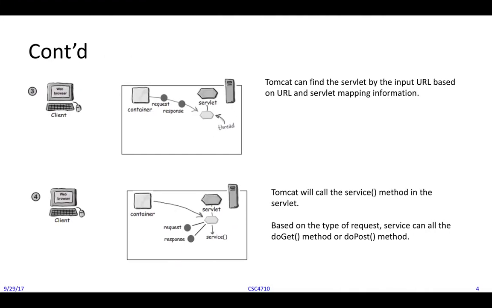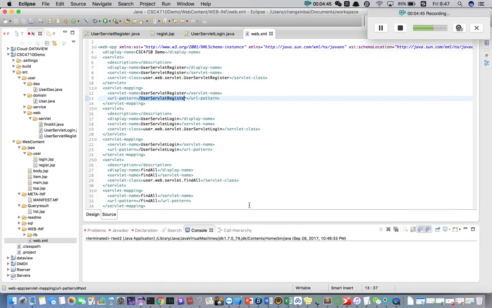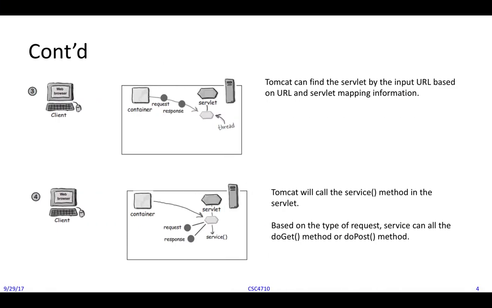And for picture 4, Tomcat will call the service method in the servlet. This part is called behind the screen, as you can see from this web application. Also, we all know that we usually have two main kinds of request.